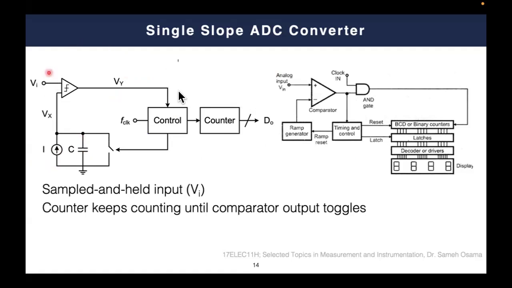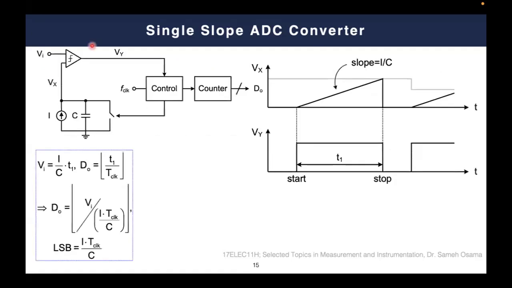So the voltage across the capacitor is increasing in a ramp as long as the capacitor is charging. So this is simply what happens in this case. Okay, so we will end up with this. So the ramp signal here counts.